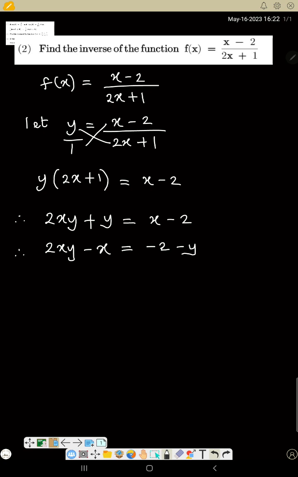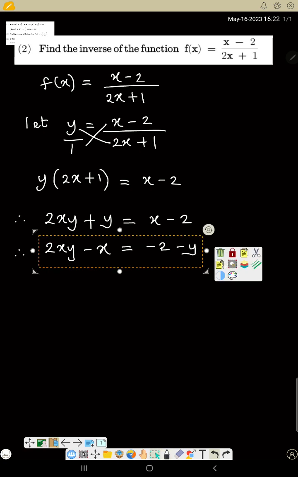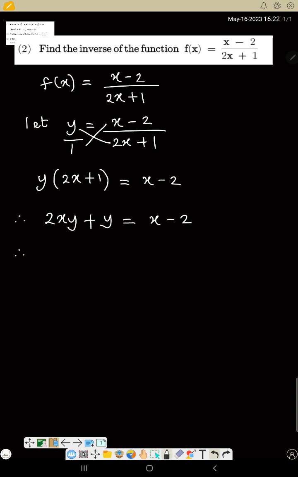So we can have s common here, but I don't want to have minus there, so let me collect it this way. s minus 2sy, that is this s remains, then bring this 2sy here.